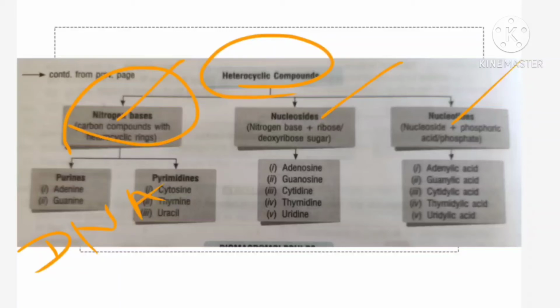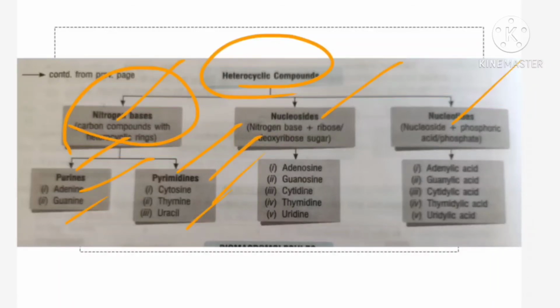Now these nitrogenous bases are of 2 types. What are the 2 types? They are purines and pyrimidines. Purines are made up of 2, adenine and guanine. And pyrimidines are of 3 types: cytosine, thymine and uracil.